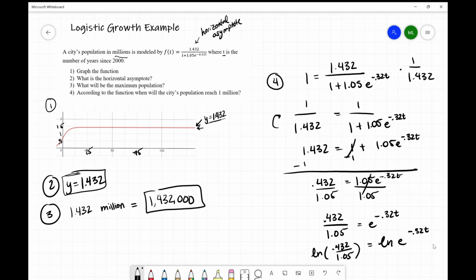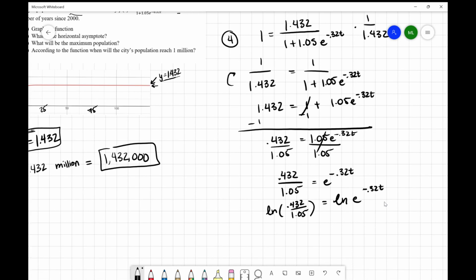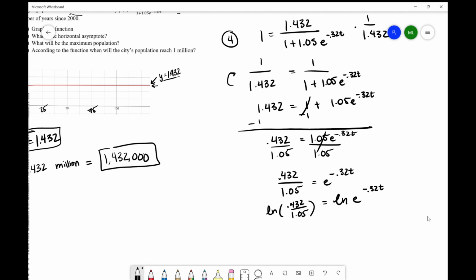Now I'm going to scooch this down so we have more room, so you can see my work clearly. Take the natural log, bring the power down to the left-hand side. The natural log of e is just equal to 1. So this is equal to negative 0.32t, and the natural log of 0.432 over 1.05.